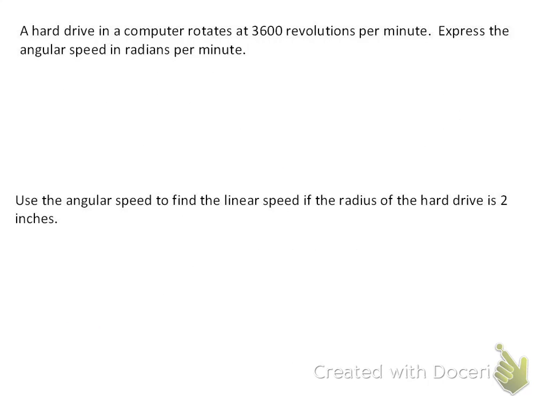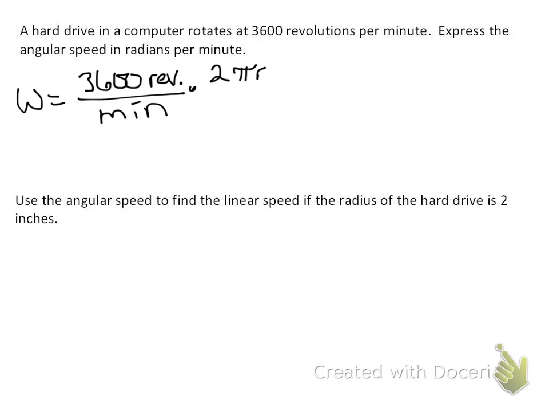All right, a hard drive in a computer rotates at 3,600 revolutions per minute. So our current angular speed measurement is 3,600 revolutions per minute. All right, well, I don't want revolutions per minute. I want radians per minute. So again, the first step, always the same. This is equal to 2 pi radians per 1 revolution.